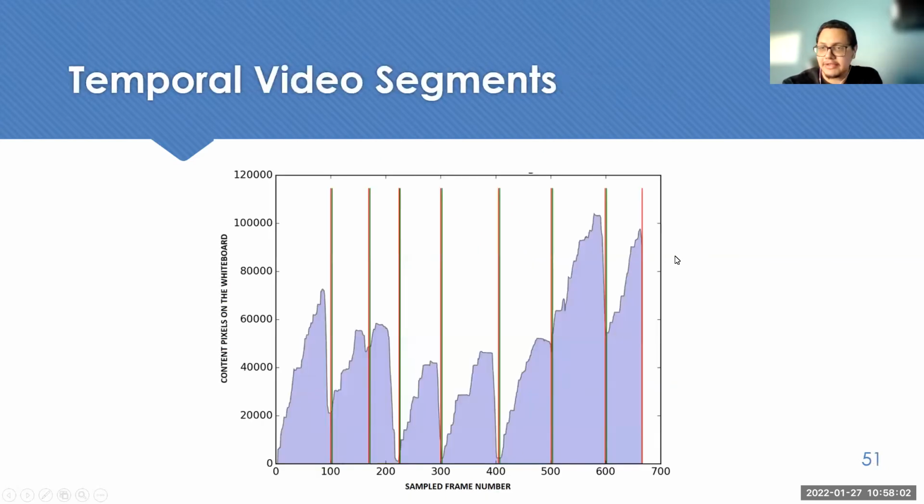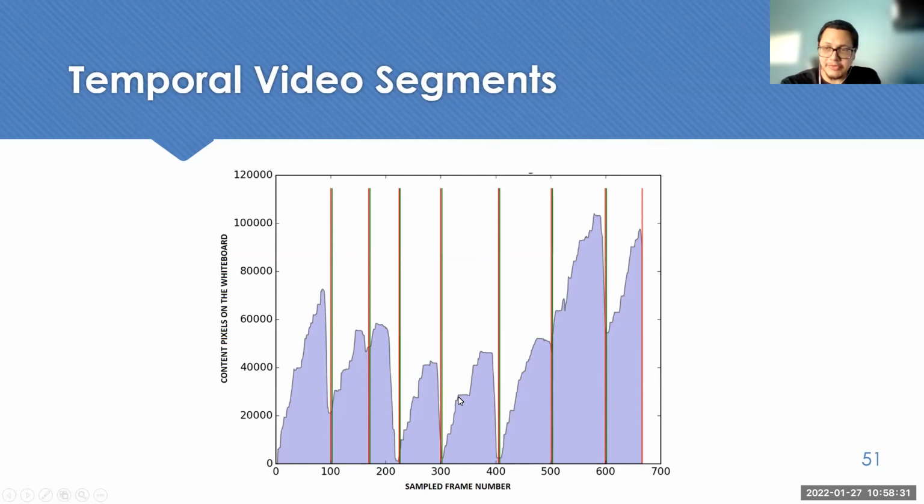Now, this signal represents the estimated handwritten content on the whiteboard at different frames of the video, and the vertical lines are the actual splits selected by the conflict minimization. There is an interesting pattern here. For example, at frame 300, the speaker starts writing content. That's how a typical lecture goes: the professor is talking and writing.